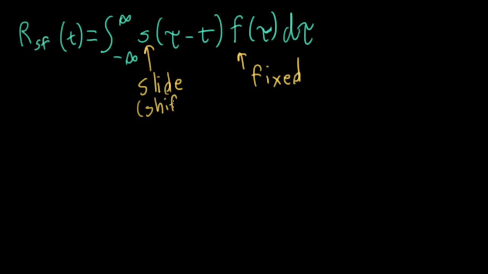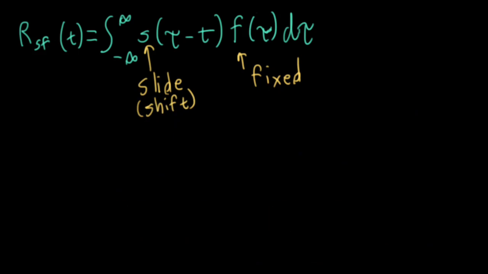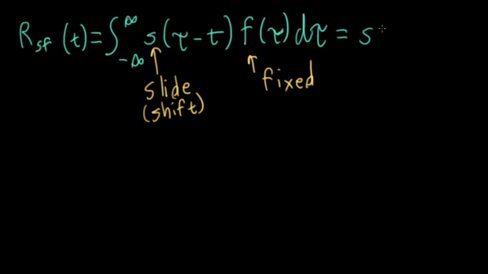And if we think about it like that, we can compute these cross-correlations using the sort of flipping and shifting idea that we used with convolution, except we don't actually do the flip. We just do the shift. Or if you want, you could just think about it as a flipping and shifting convolution where the thing you flip is a flipped version of one of the functions, which once you flip twice is the same as having never flipped at all.